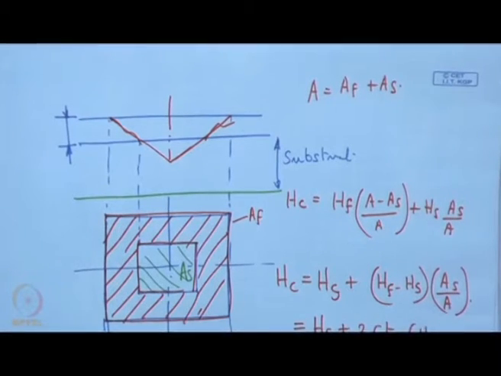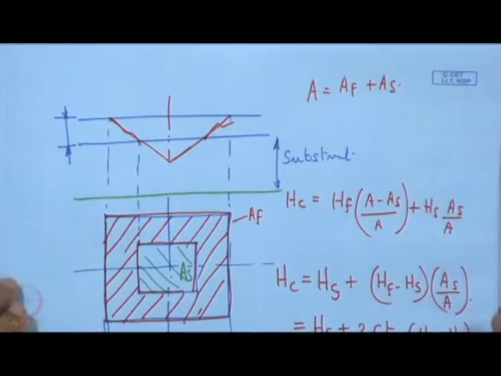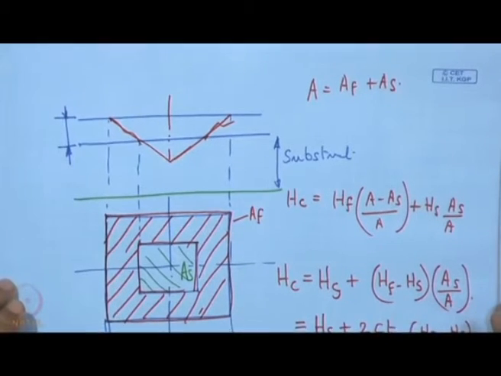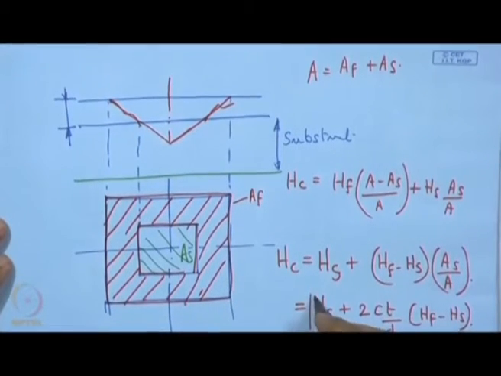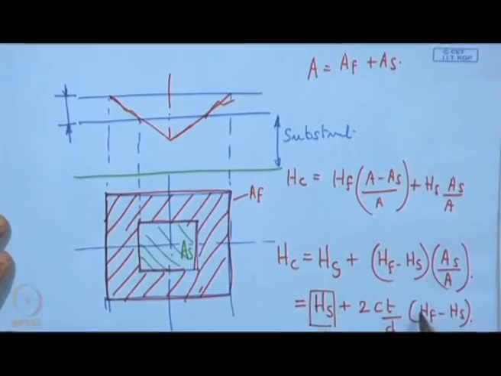into HF minus HS. So, it is actually an equation which connects the hardness of the substrate plus this difference of hardness of the film minus hardness of the substrate, then it comes the thickness of the coating and also the impression diagonal.